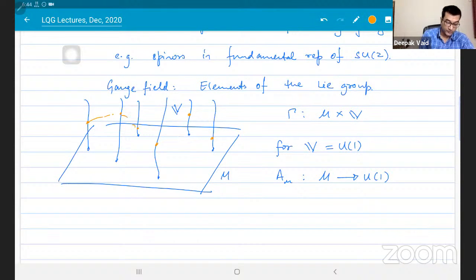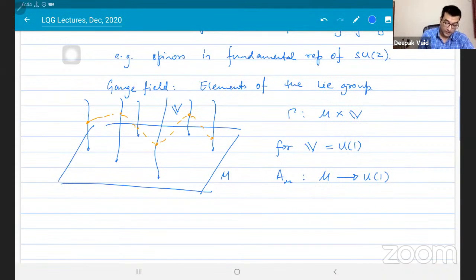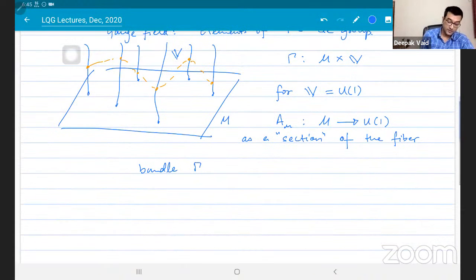In the terminology, this is called taking a section of a fiber bundle. You can think of this as a section of the fiber bundle gamma. Okay, so this is what your gauge fields are.